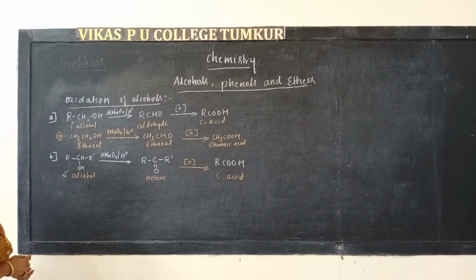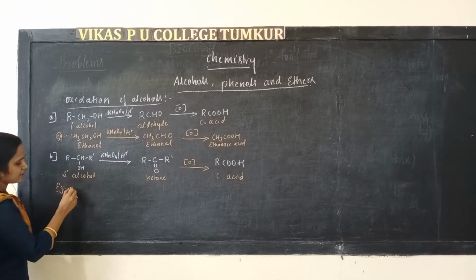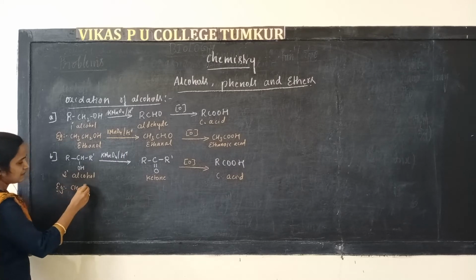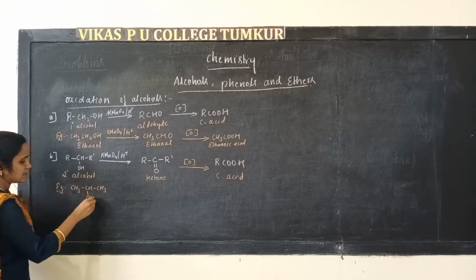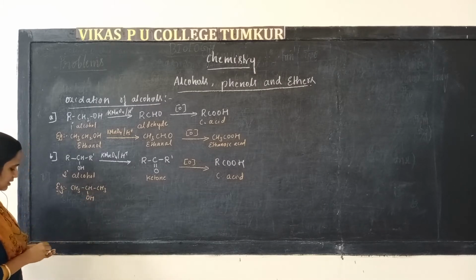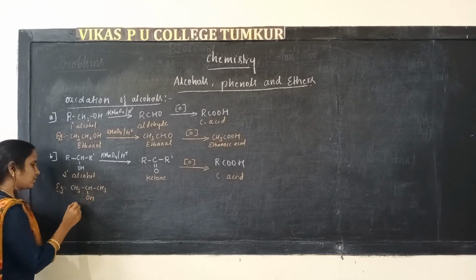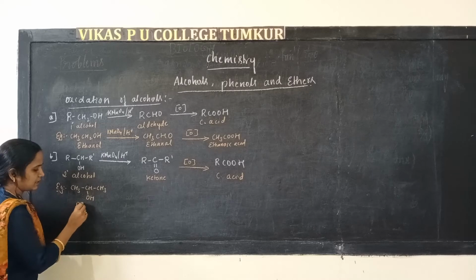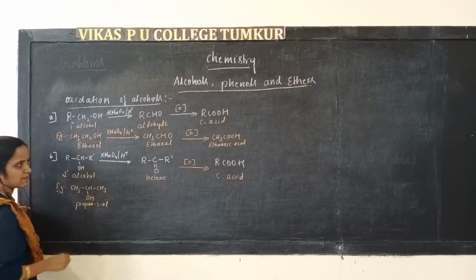We will take an example: CH3CH(OH)CH3. This is isopropyl alcohol. The IUPAC name is propan-2-ol.